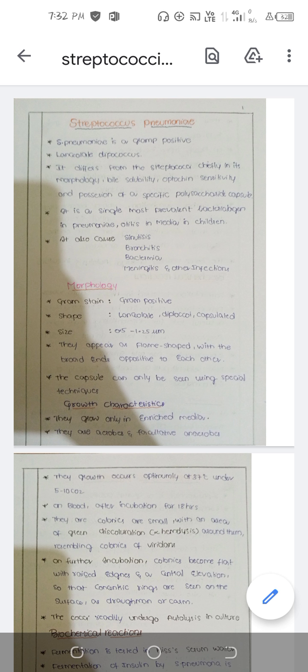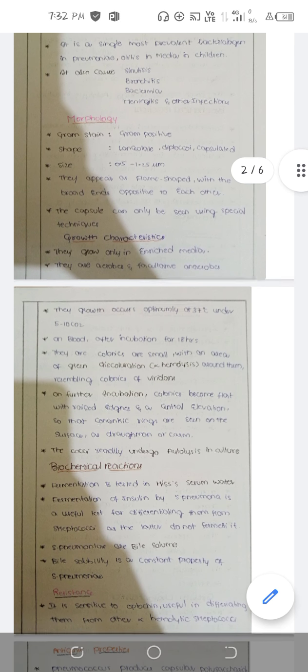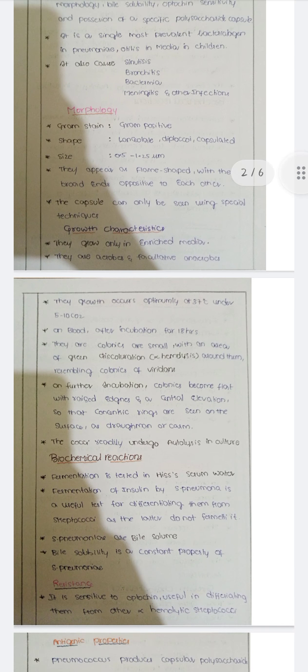Let us discuss the growth requirements and growth characteristics of Streptococcus pneumoniae. They grow only in enriched media. They are facultative anaerobes, and their growth occurs optimally at 37 degrees under 5 to 10% CO2. On blood agar after incubation for 18 hours, their colonies are small within an area of green discoloration.